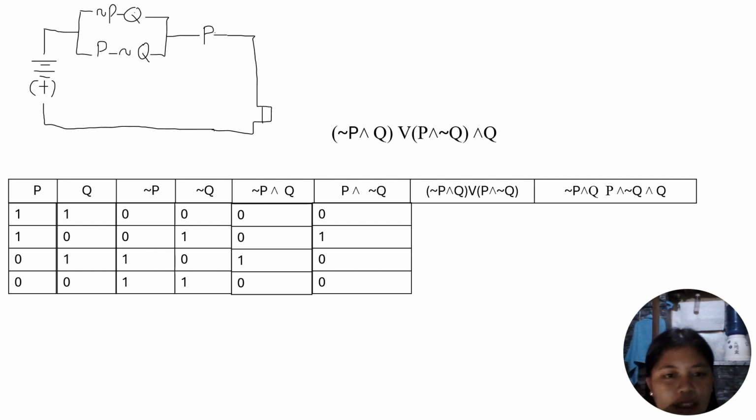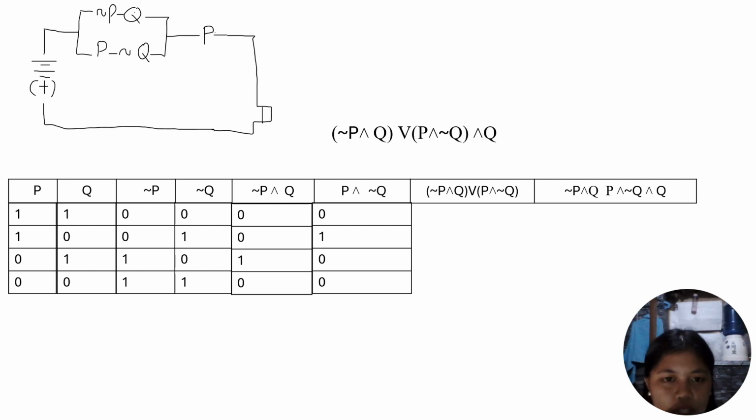After that, next we have negation of P and Q, or P and negation of Q. The symbol used is disjunction. When we say disjunction, if 1 or 0, the answer is 1.